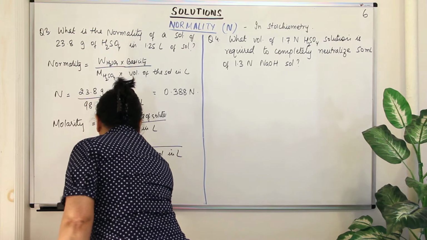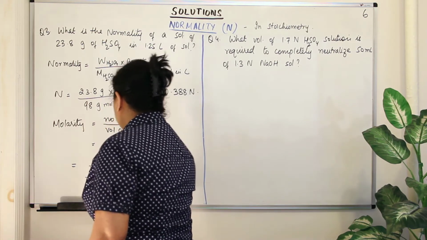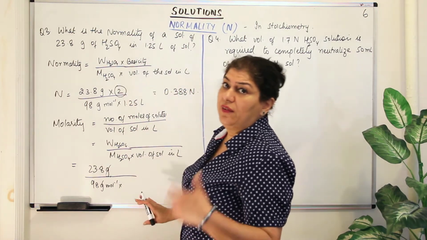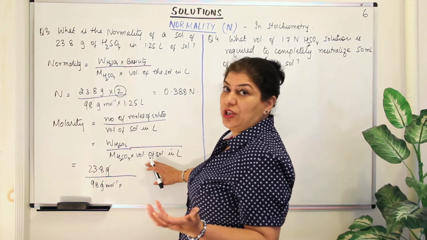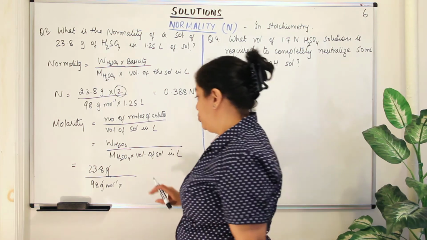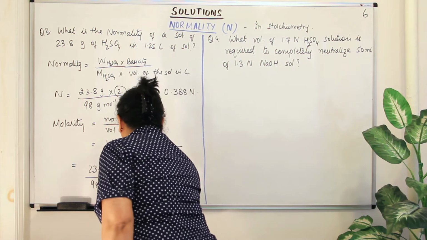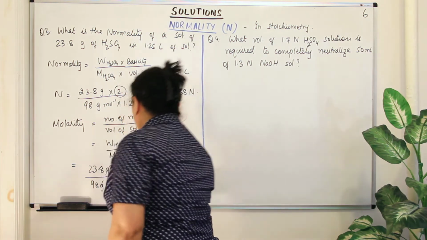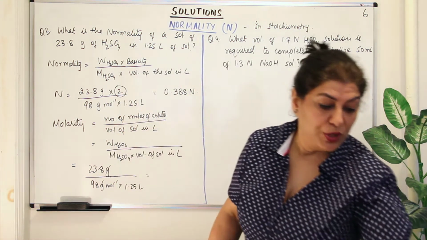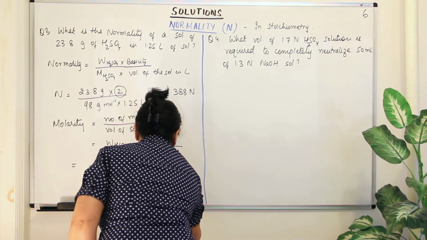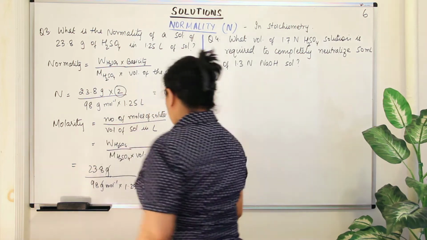The grams and grams will get cancelled, and you will get moles per liter, which is actually molarity or molar solution, into the volume of the solution in liters, 1.25 liters. And when you solve this, you get 0.194 molar. 0.194 molar is the answer that you would get.